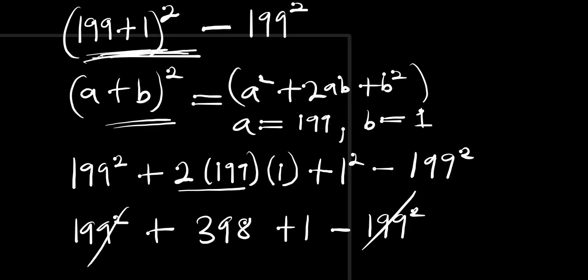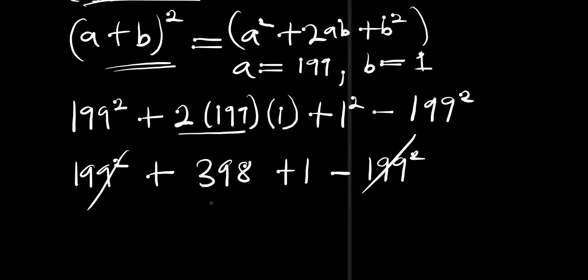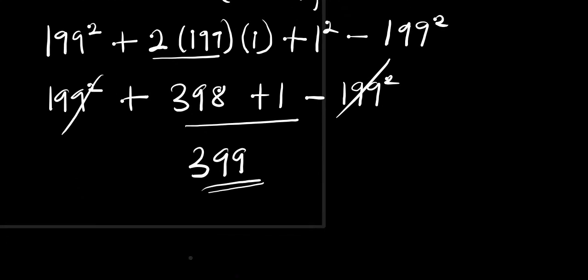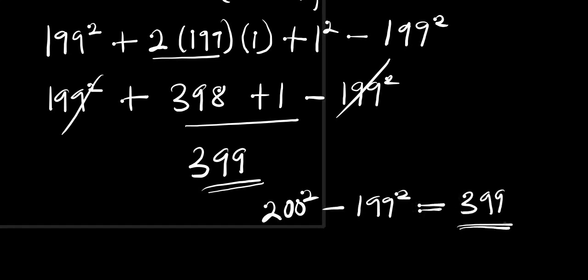So what we have left is simply 398 plus 1. And 398 plus 1 is 399. So this becomes the answer for if you have 200 squared minus 199 squared. This equals 399. This is the first method.